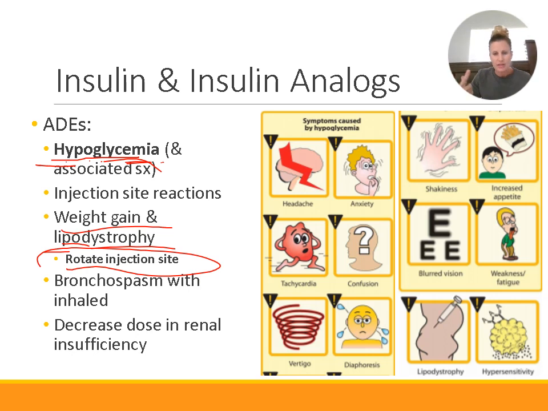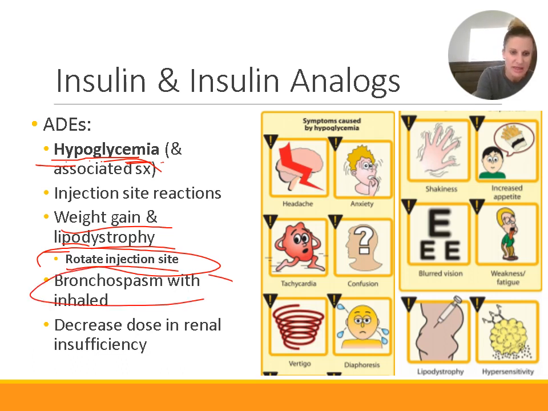If you are constantly injecting into that same area, it's going to alter the metabolism of fat in that area, and it's going to increase the likelihood of lipodystrophy. Rotating the injection site allows you to spread those effects out so that it's not one area that's getting pounded all the time.